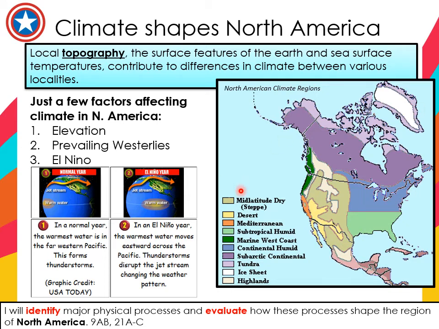So looking at your climate regions, going up to the northern regions, you're going to have everything from the ice sheets of Greenland to the tundra of Alaska and Canada. You're going to have subarctic continental conditions below the Arctic Circle at 75 degrees latitude.